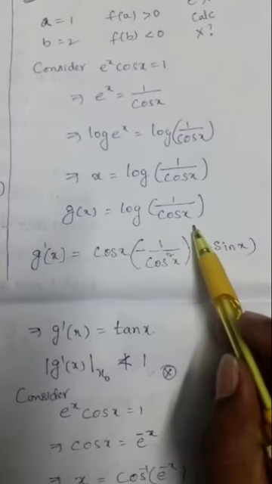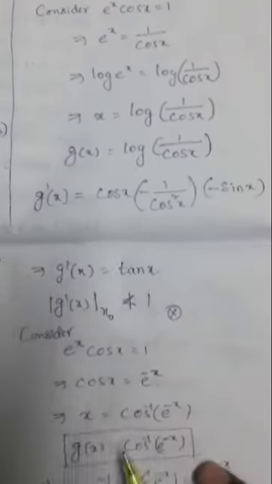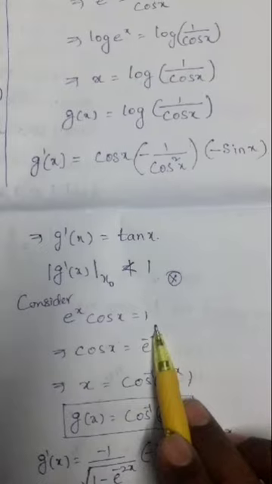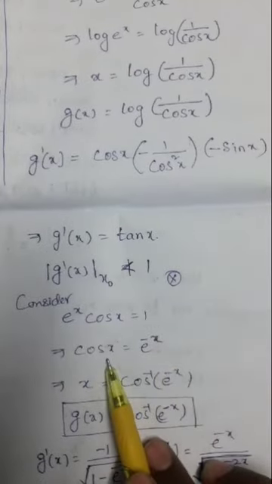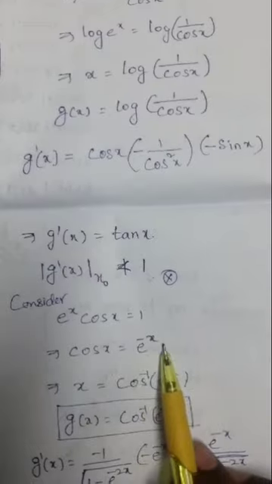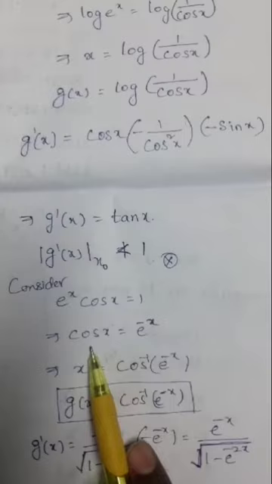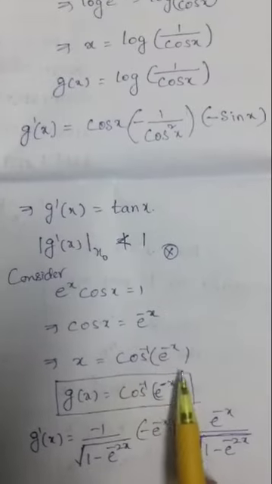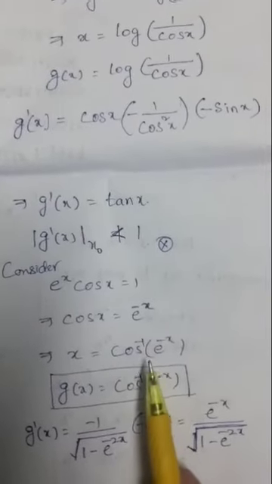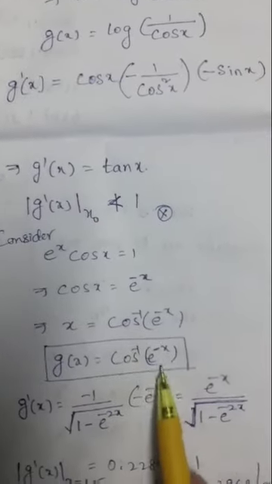So that's why I will express the given equation in another form. Consider e^x cos x = 1. That implies cos x, taking e^x to the right hand side, becomes e^(-x). That implies x, taking cos to the right hand side, gives cos inverse of e^(-x). So now take this function as g(x), that is g(x) = cos inverse of e^(-x).